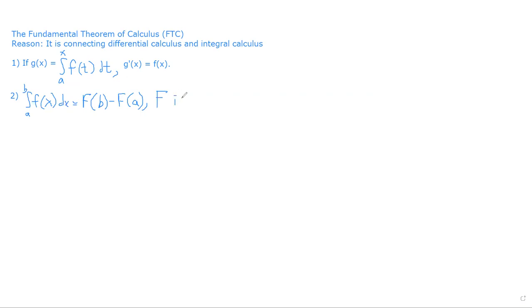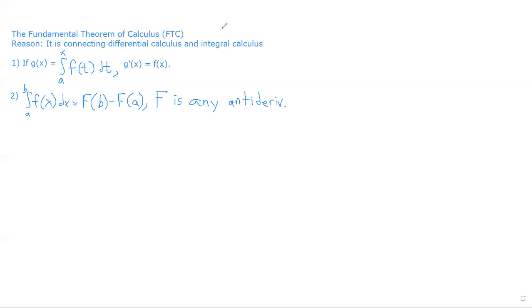You might find occasionally two or three different antiderivatives. It doesn't matter. Any antiderivative would work, and then you subtract F of a from F of b. So these are the two main concepts of the fundamental theorem of calculus.